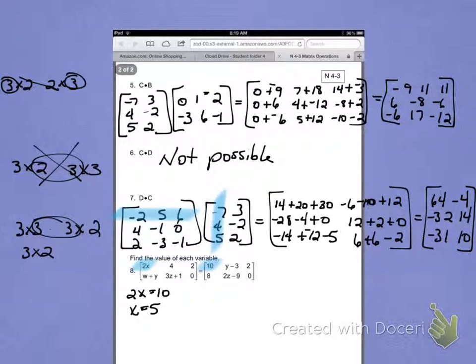That's one of them I have to know. Now we can go and look for another equivalency. Okay, 4 is y minus 3. That's only one variable, so that's easy to solve for y then. 4 equals y minus 3. So if I add 3 to both sides, y is equal to 7.